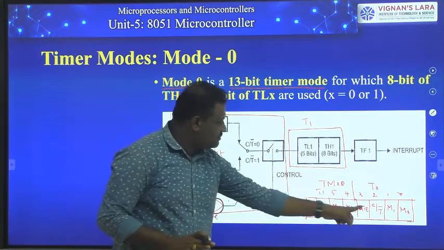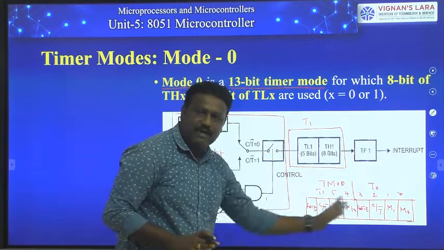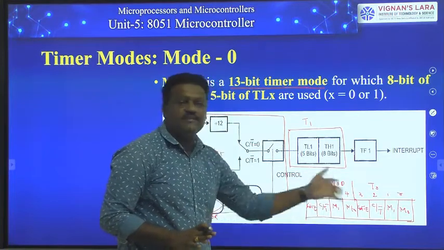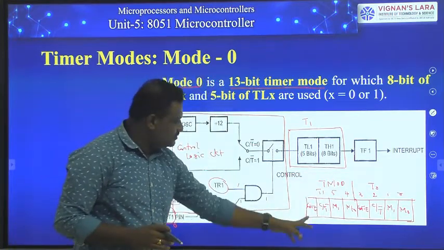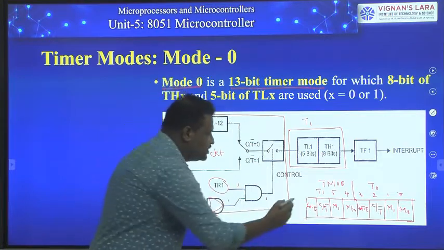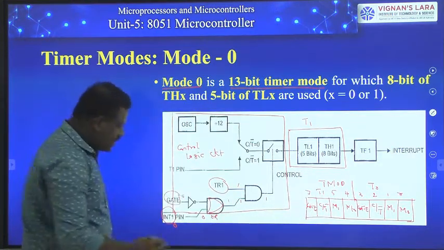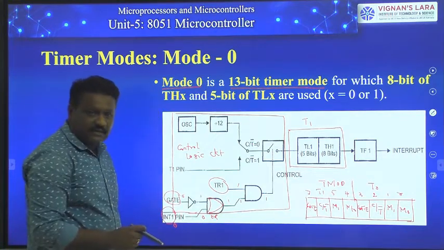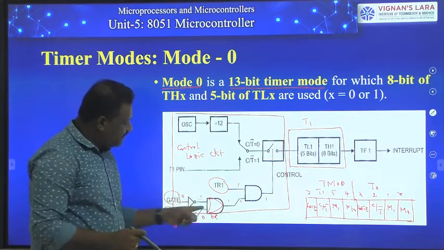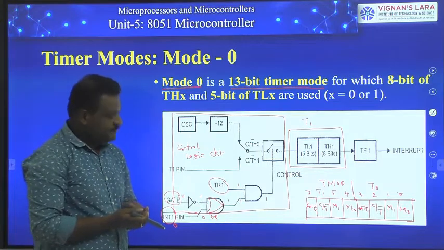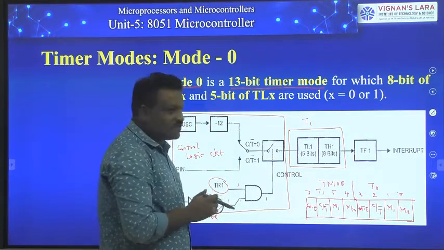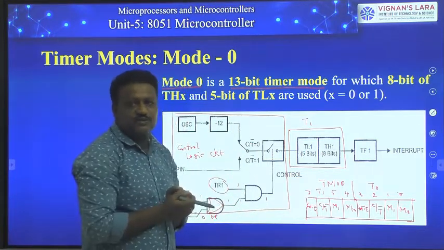Gate is nothing but the most significant bit of the upper nibble of your TMOD register. For timer 1, the most significant bit is bit 7, which is gate. If it is 0, then the output of the NOT gate becomes 1. Then this OR gate produces logic 1, then the AND gate produces logic 1, and then the switch is closed.